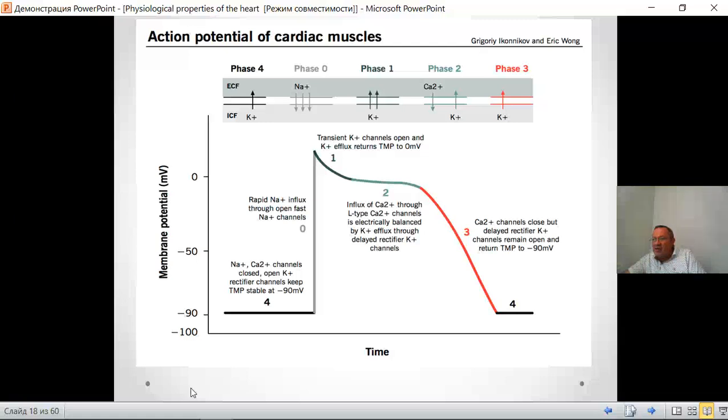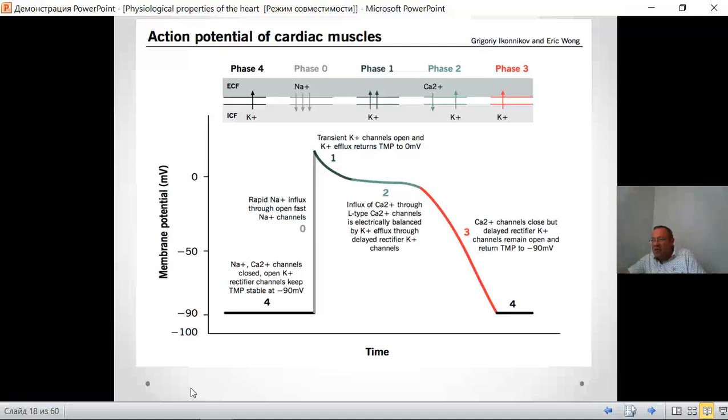After the initial spike, the membrane remains depolarized for about 0.2 seconds, exhibiting a plateau followed at the end by abrupt repolarization.